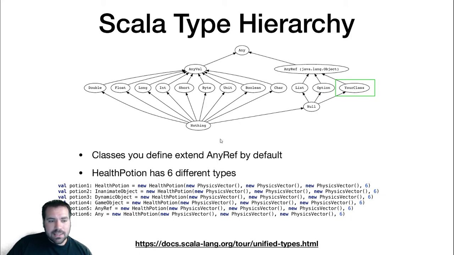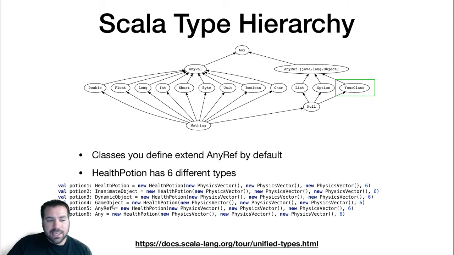HealthPotion extends InanimateObject, so it is an InanimateObject, which extends DynamicObject, so it is a DynamicObject, which is a GameObject. For that you'd have to look at the Physics Engine code a little, since I didn't put that in the slides.